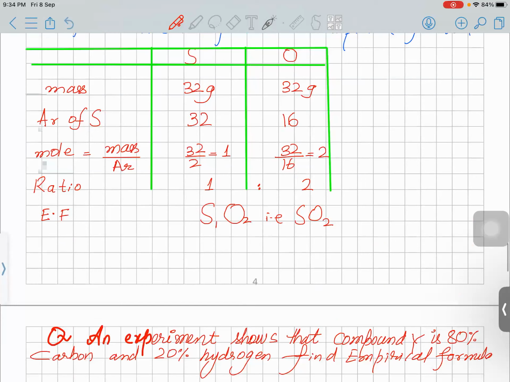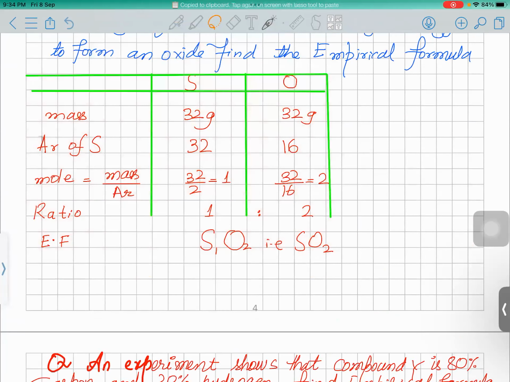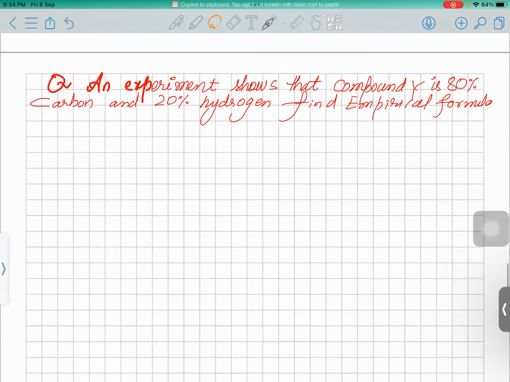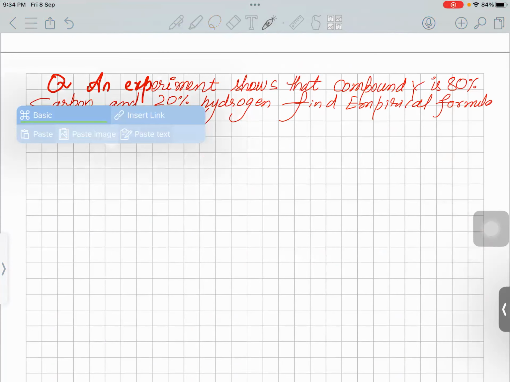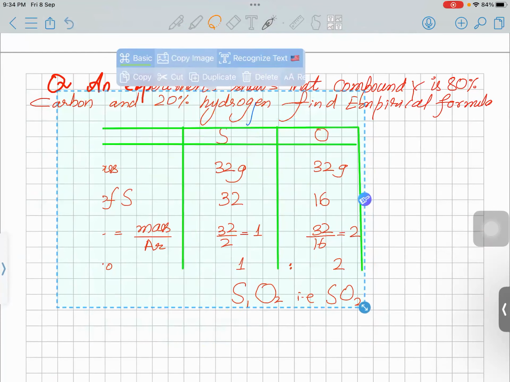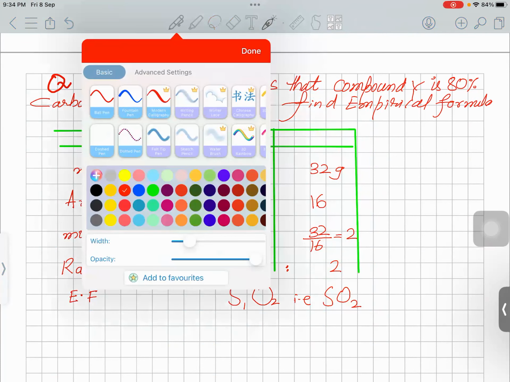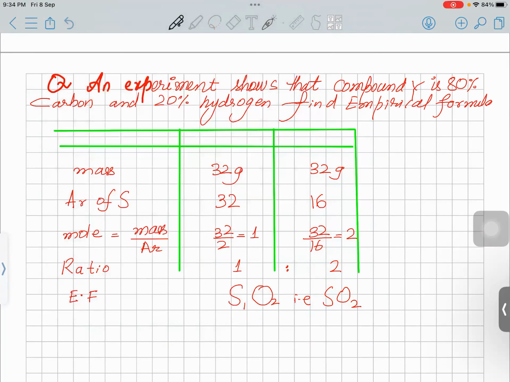So look at the steps. Again, same methodology. But here elements are carbon and hydrogen.